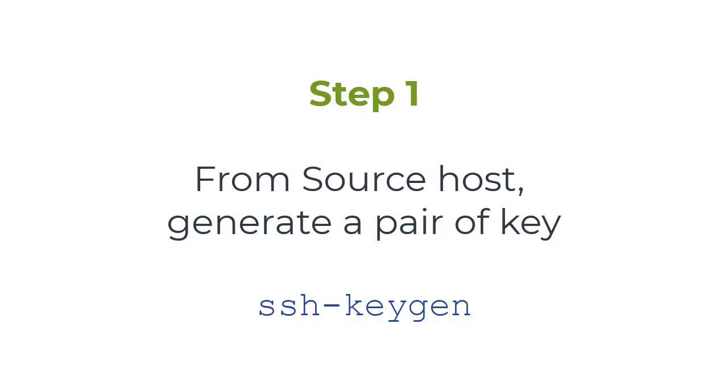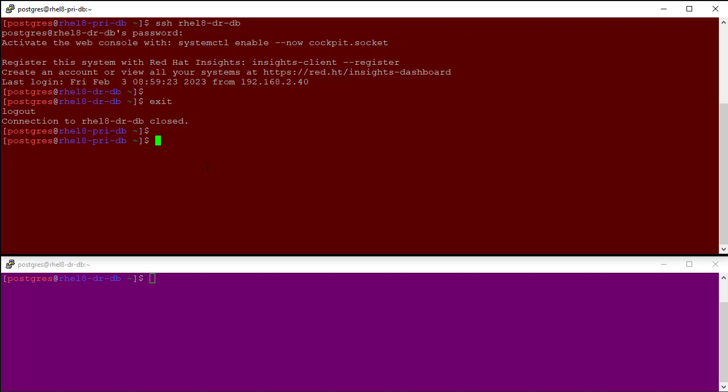The first step, we will need to generate a pair of keys. To do that, on the primary database server, I will use ssh-keygen. By default, it will generate a pair of keys with RSA encryption, inside the home directory .ssh.